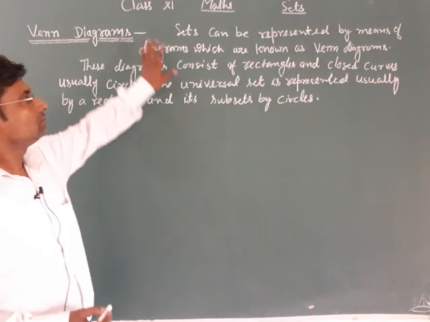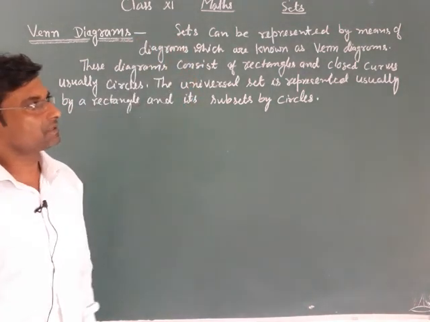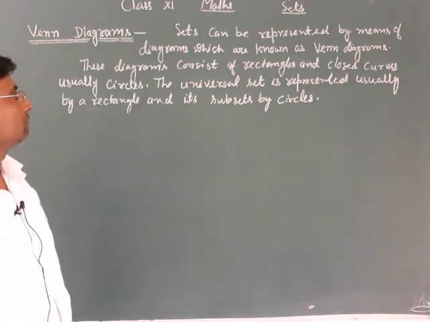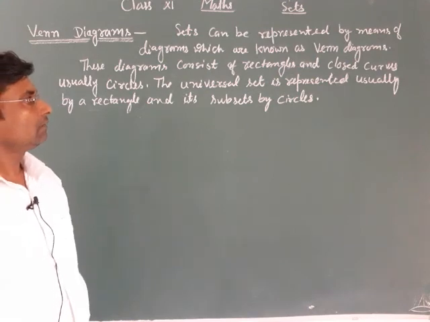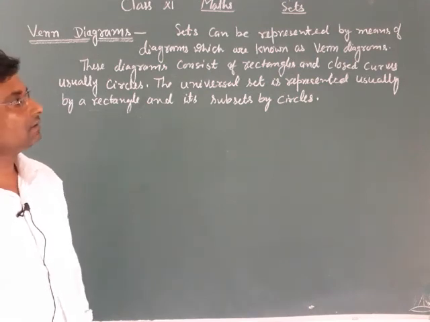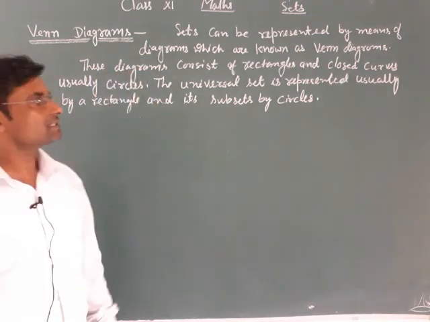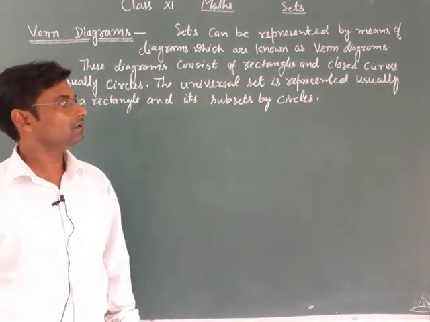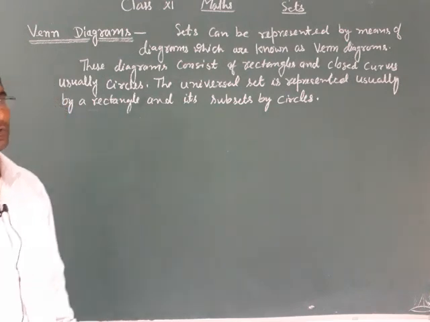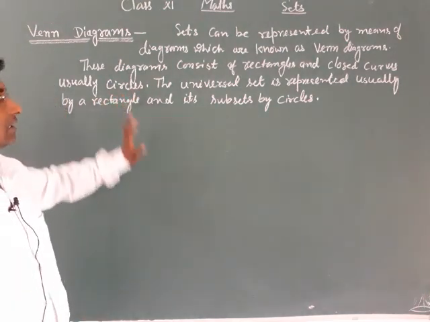Sets can be represented by means of diagrams known as Venn diagrams. These diagrams consist of a rectangle and closed curves, usually circles.